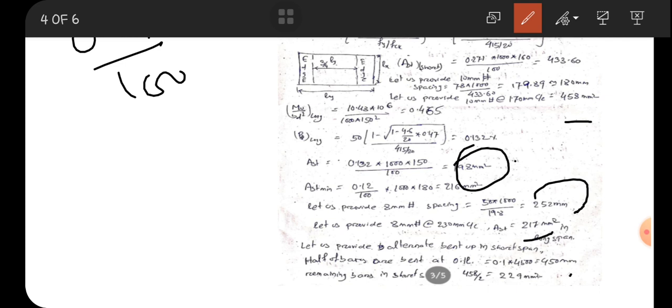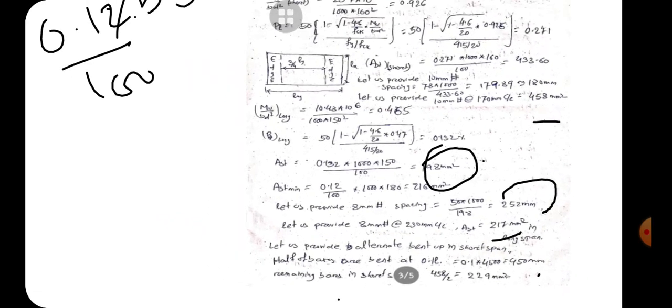Already I have told that half of the bars can be bent off in short span, and the bars are bent off as per IS 456 Annex D at 0.1 L in each direction. Then check for development length.